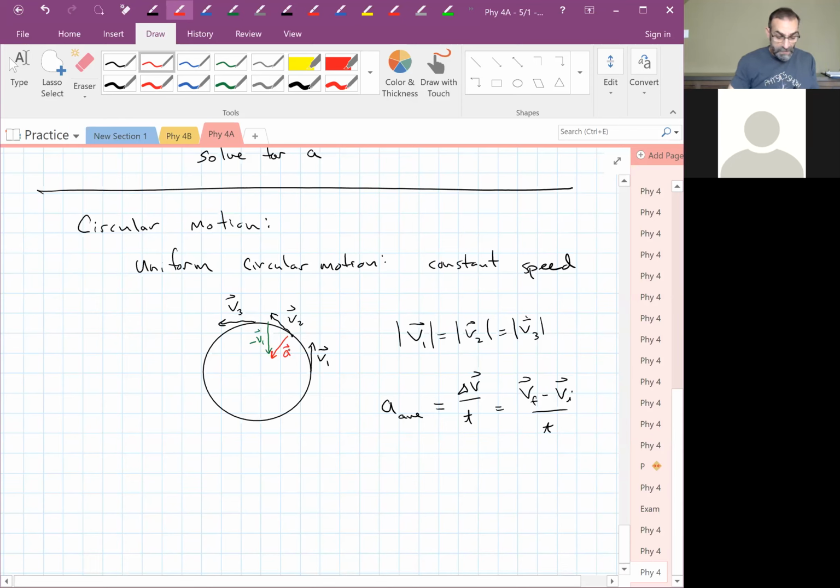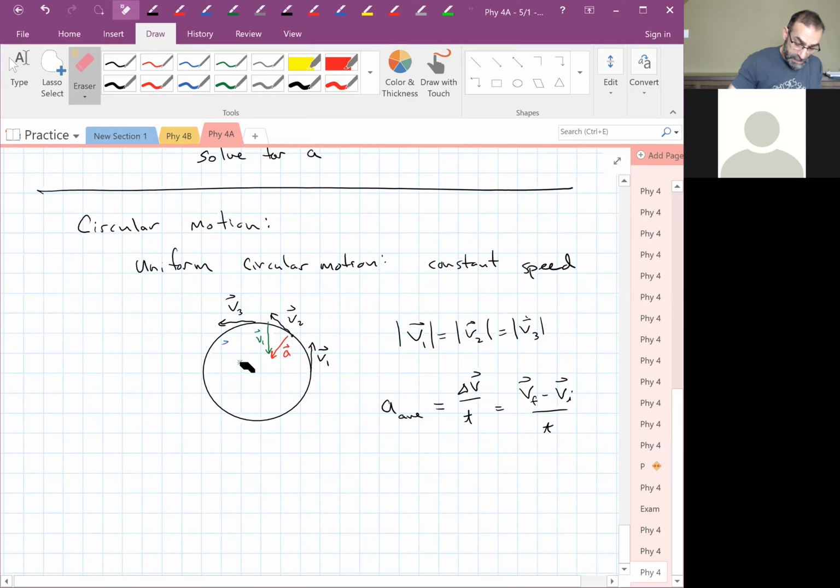What if we did between 2 and 3? I'd have to add the opposite of v2 here. The opposite of v2. And then I'd get my acceleration. I'm running out of room there.